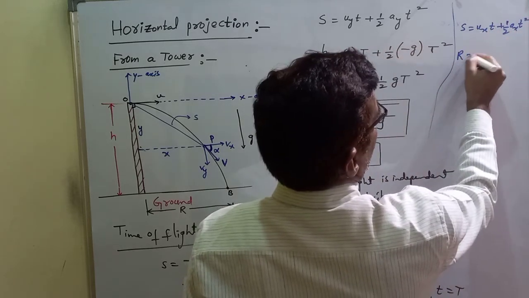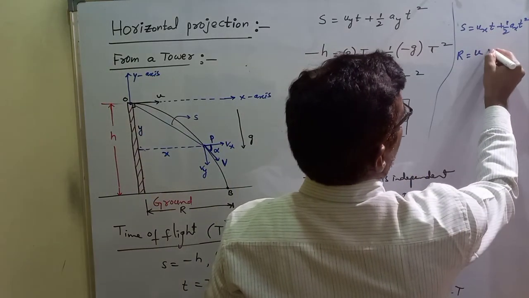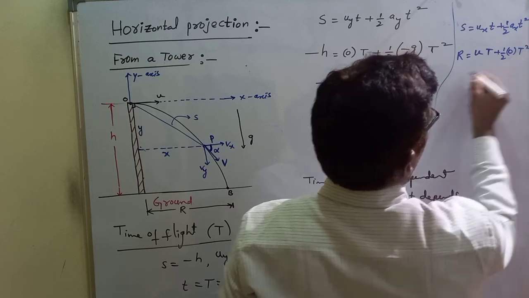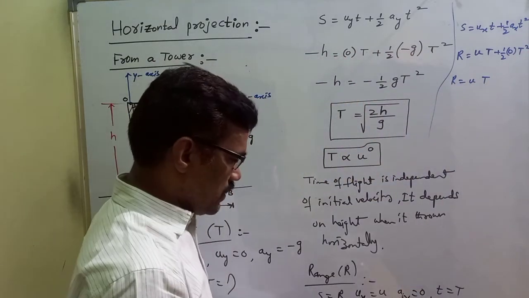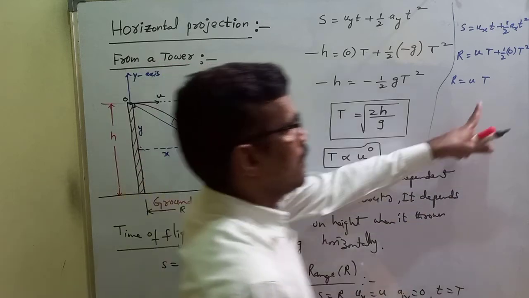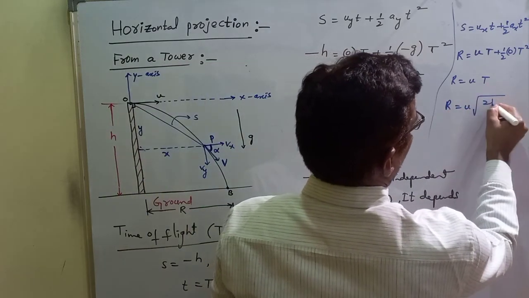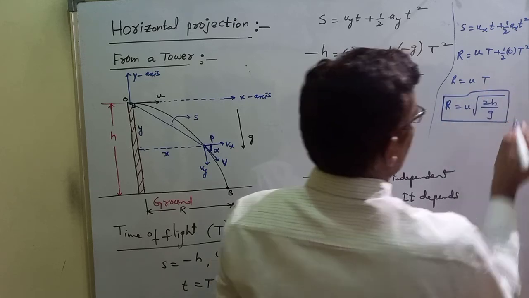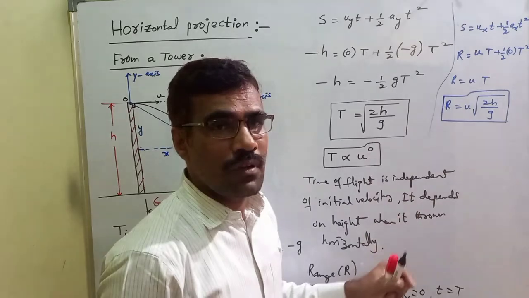S is capital R, ux is u, t is capital T, and ax is 0. So R equal to u into T, where u is the horizontal component of velocity and T is the time of flight. R is equal to u root over 2h by g. This is the horizontal range.